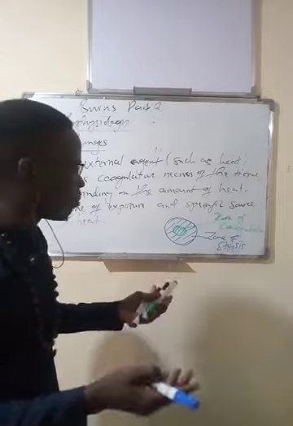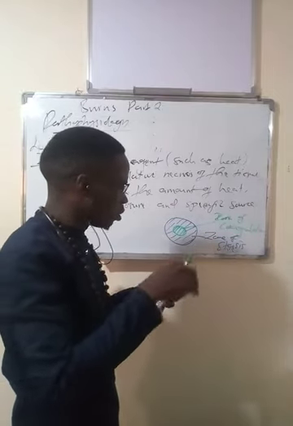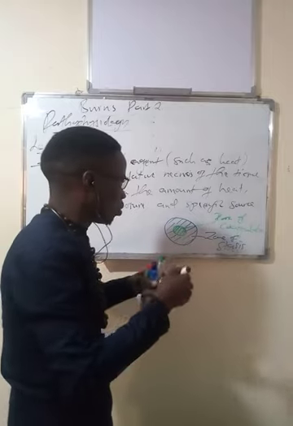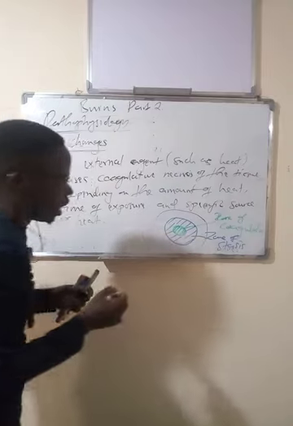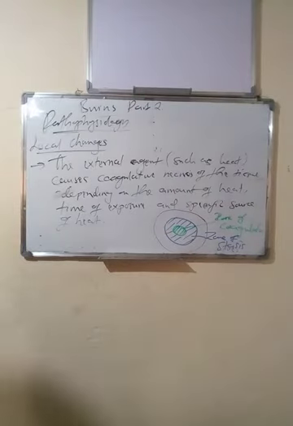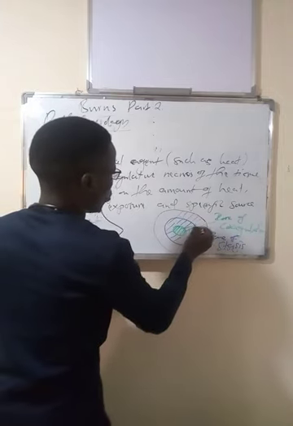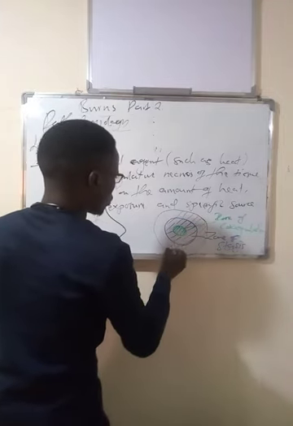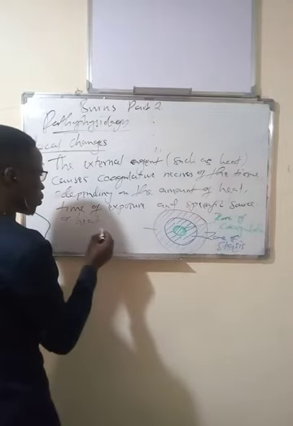Lastly, we have the zone of hyperemia. This is where you just see that the skin is looking reddish.